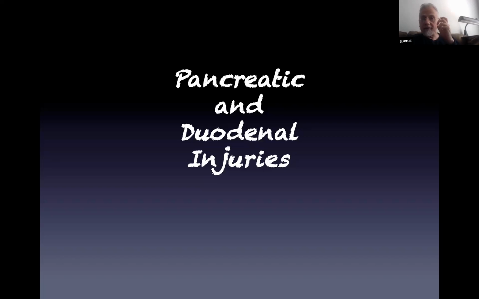This is an adult who got stabbed in the epigastrium, just to the right side of the abdomen, in the subcostal region, upper abdomen. A single stab wound; he was fighting in a dispute with some people and got stabbed once with a long knife.